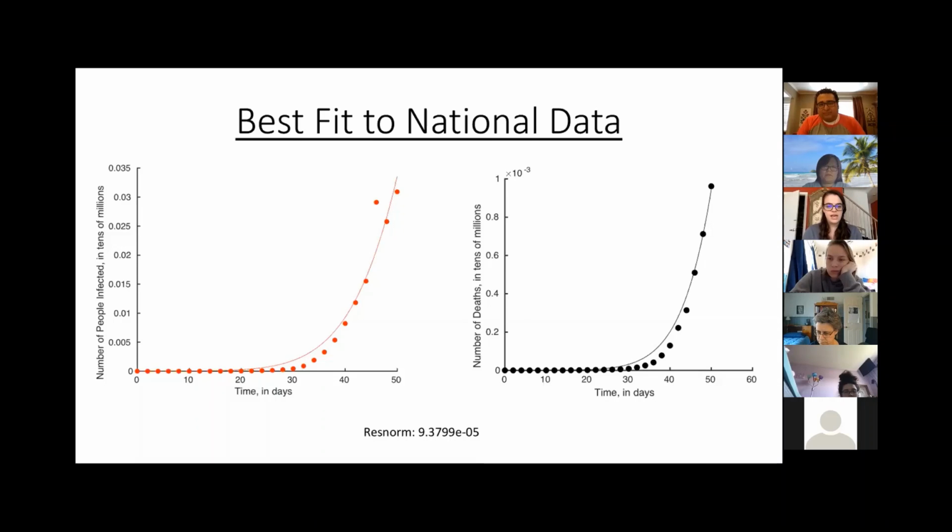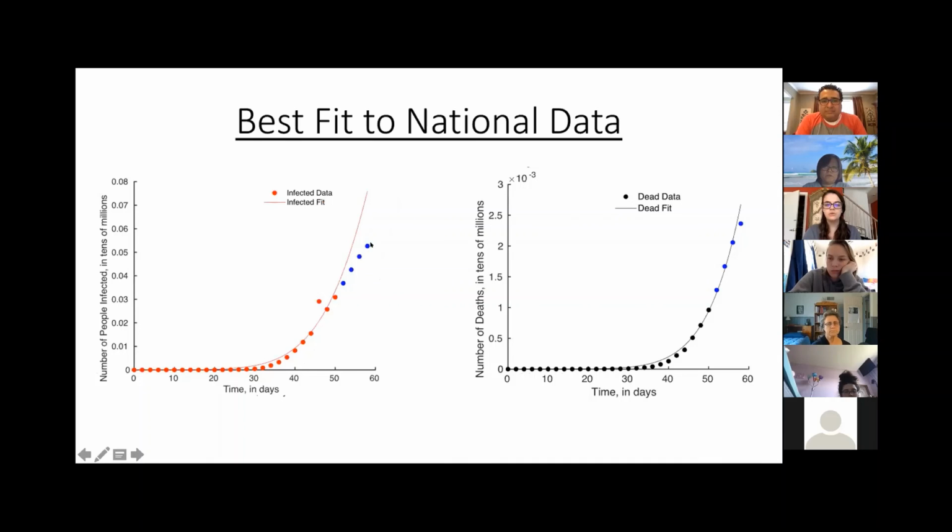Like I said, this went until April 5th, but it is now April 16th, so more days have passed, and so more data was collected. So what I decided to do next was, in the blue, plot the data points from April 7th until April 13th. I kept the same fit that I had done on April 5th, and I just plotted the data points for April 7th through the 13th.